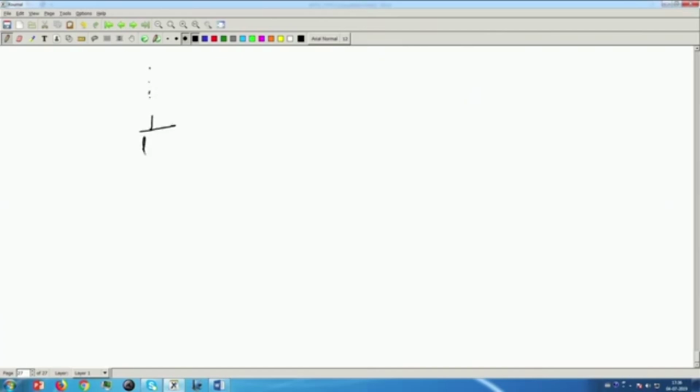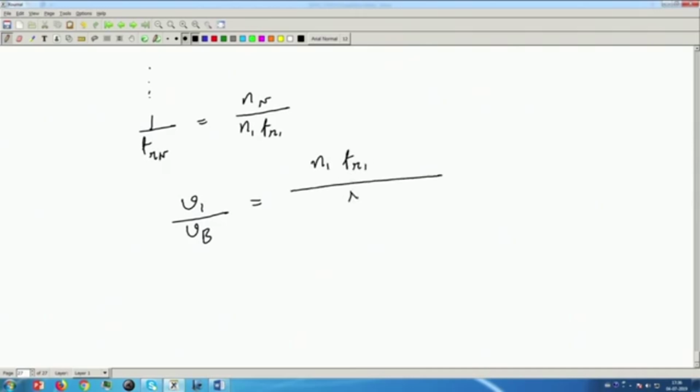1 by f r n is n n by n 1 f r 1, etc. So, putting this we can get V 1 by V b is n 1 f r 1 by n by n 1 plus n 2 plus n n by n 1 f r 1.